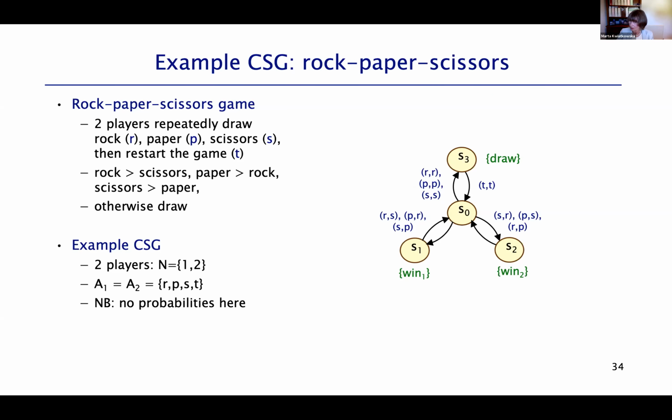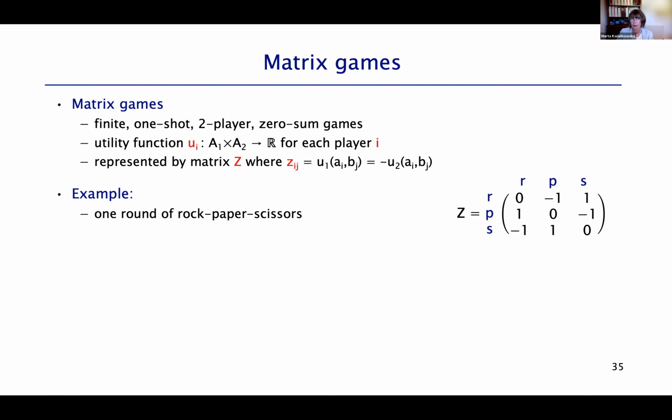So how do we represent such games? Well, it is well known, and here we draw from game theory literature, that this kind of concurrent game can be represented as a matrix game. This is zero-sum, so I can talk about a matrix game, and this is actually an example of a one-shot, one-step game.